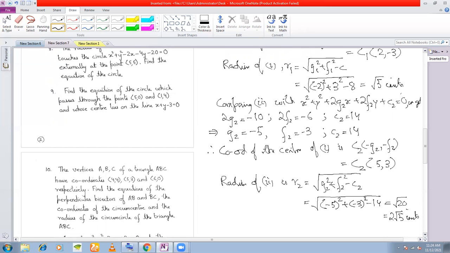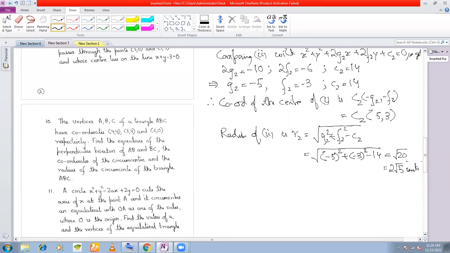Right? Fine. Now we have got the coordinates of the centers of both the circles, and we know the radii of both the circles. We just now need to show that the distance between the centers is either equal to the sum of the radii or the difference of the radii. So let's find out the distance between the centers C1, C2.